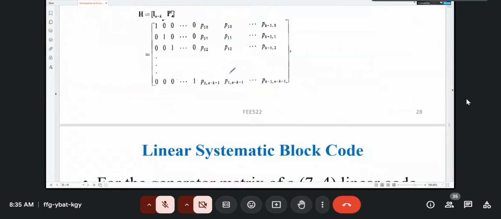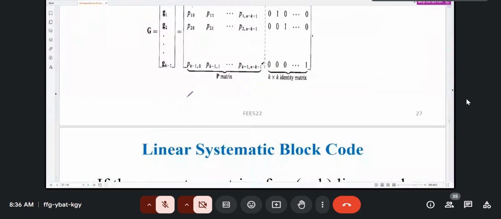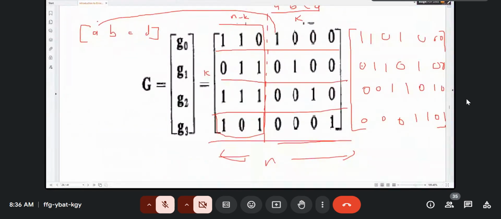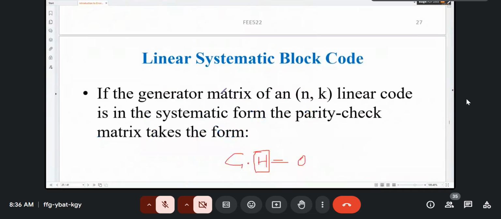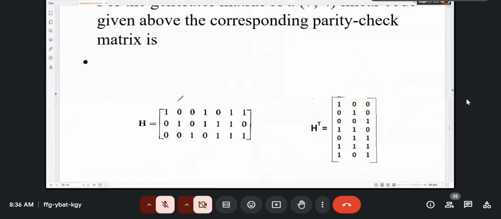But that matrix for systematic code is very easy to create because it is simply I of N minus K concatenated with P transpose. Remember, N minus K in this case is 3. So you need to have an identity matrix of order N minus K. So in our case, the matrix we are going to have is this one.